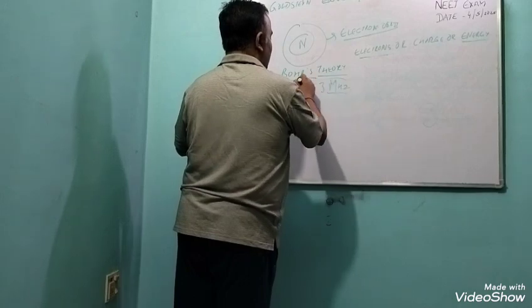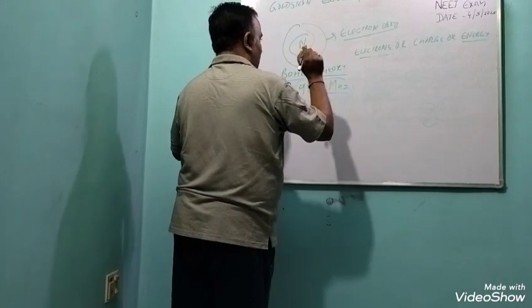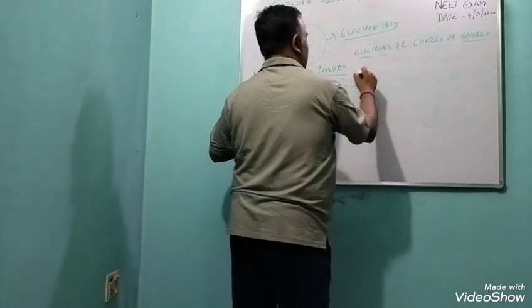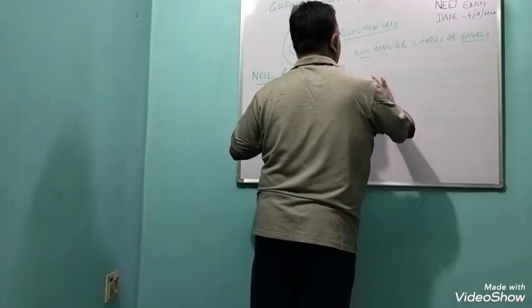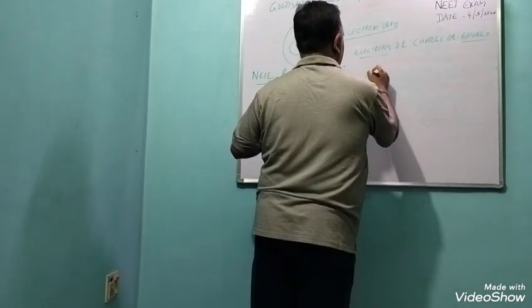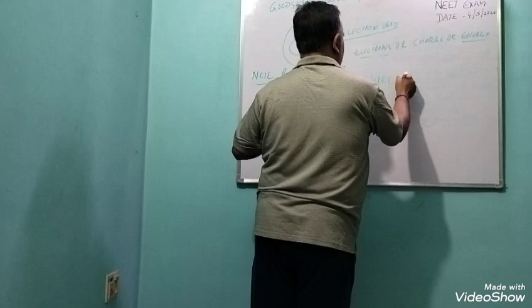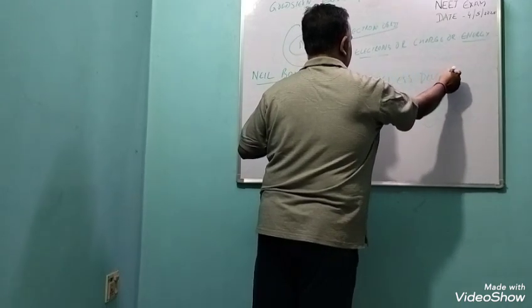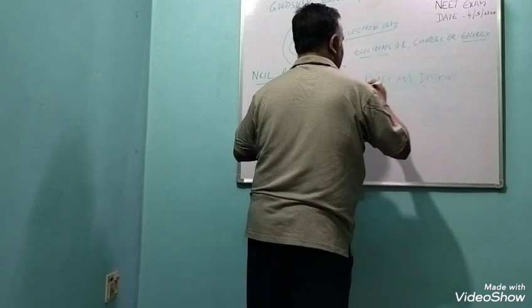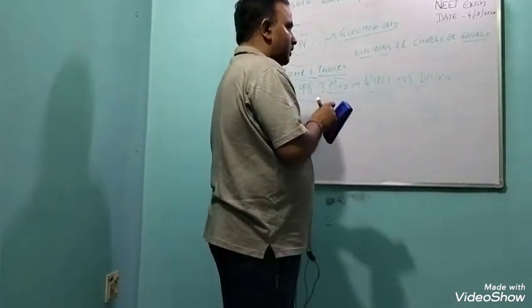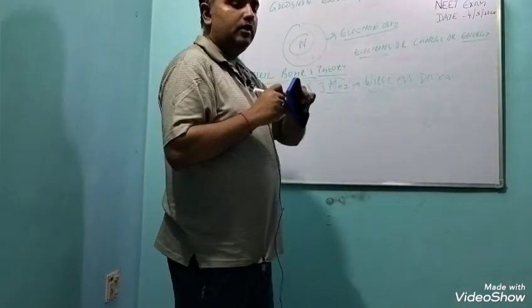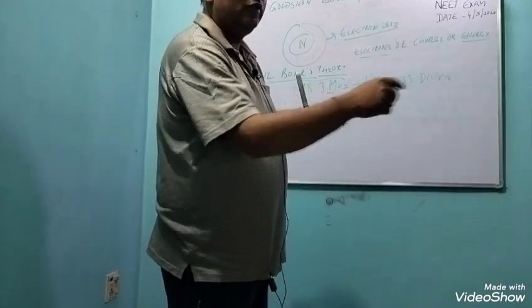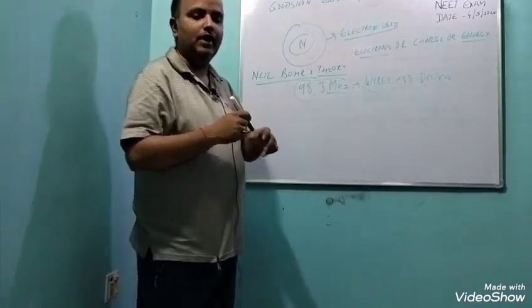So this 98.3 is a frequency. However, of late you must have heard of wireless devices working on radio frequencies. Those are our walkie-talkies being used by our different services, so we would not be covering that kind of a detail here.